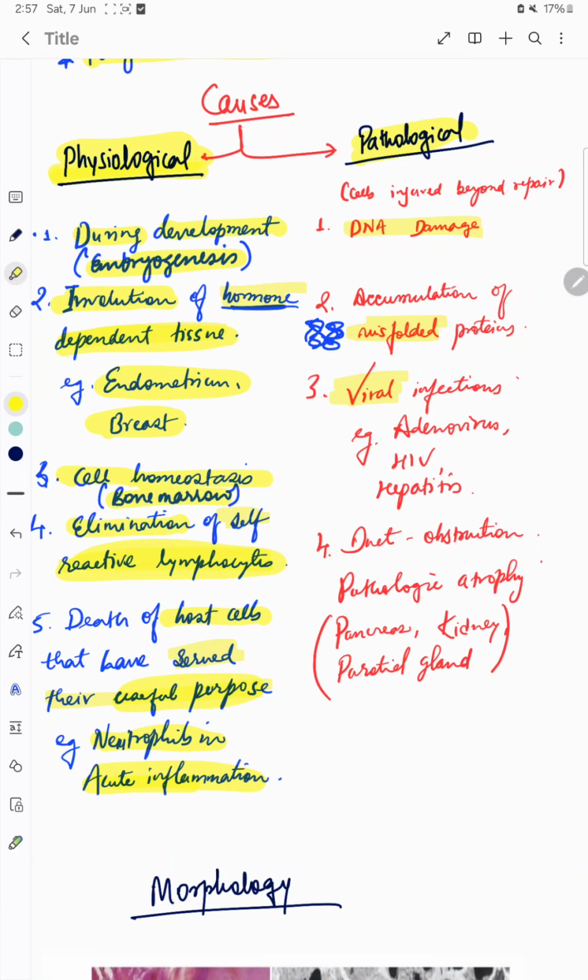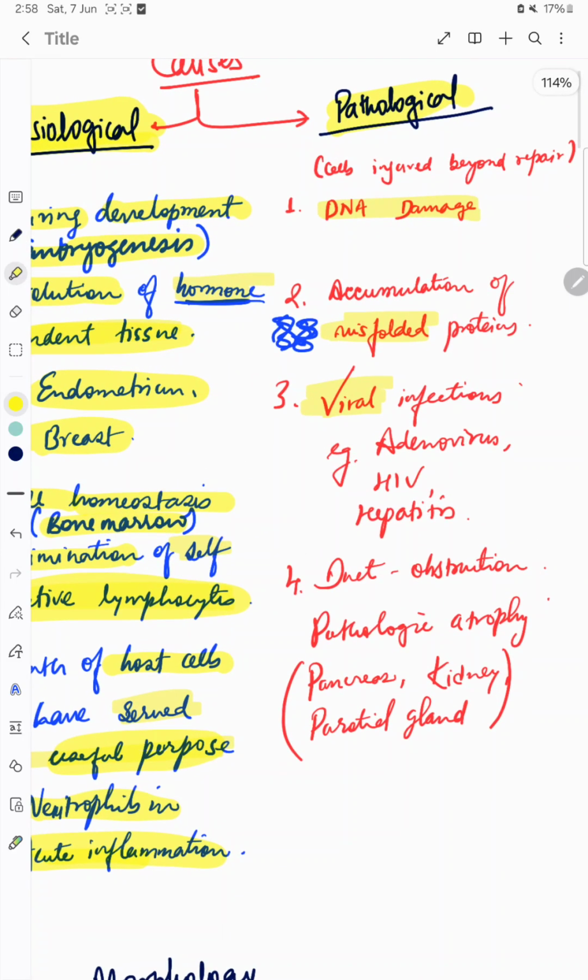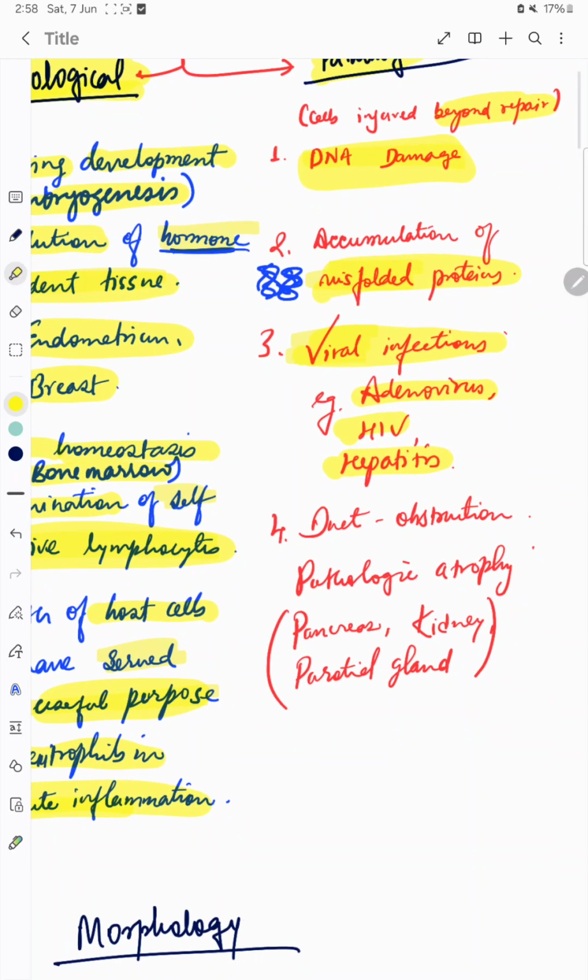Pathological apoptosis is seen when the cell is injured beyond repair. Whenever there is DNA damage, accumulation of misfolded proteins, in viral infections such as adenovirus, HIV, hepatitis, and in duct obstruction in some organs, which results in pathological atrophy in the pancreas, kidney, and parotid glands.